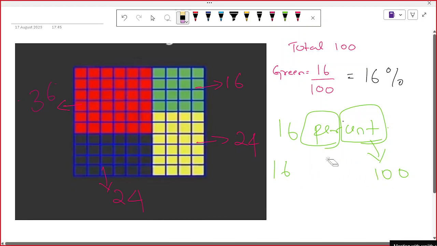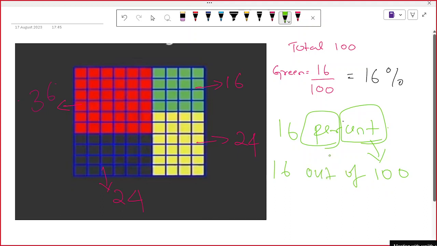100. Okay, the meaning of per is for or out of. Remember these two: out of. So 16 out of every 100. For example, you have scored 16 in maths, 16 out of 100. How do you write this? 16 divided by 100.